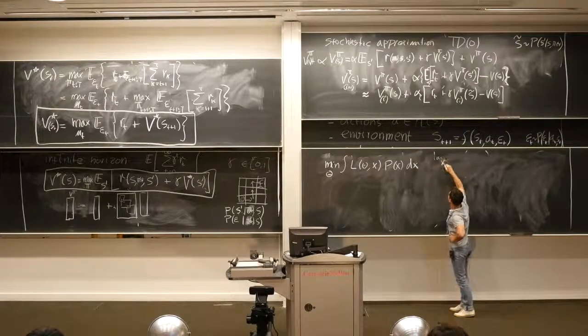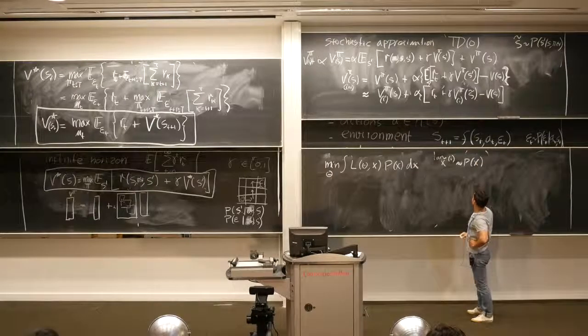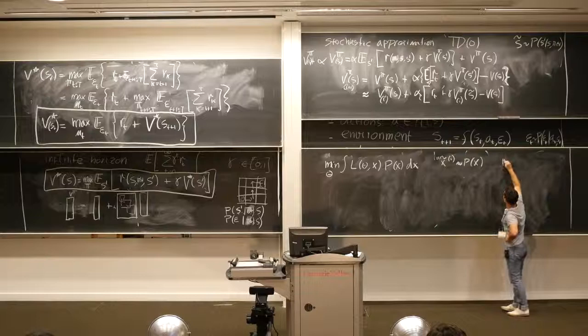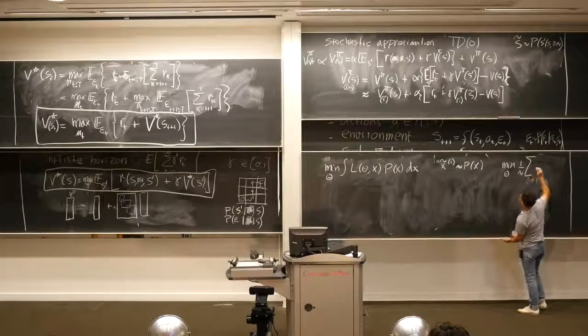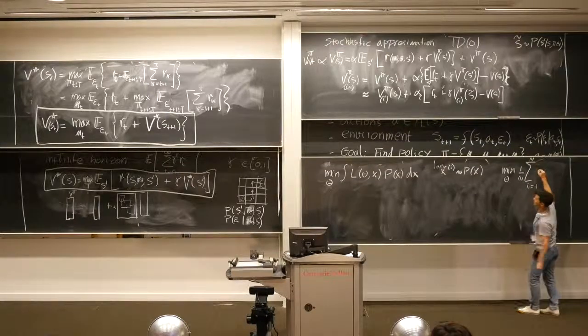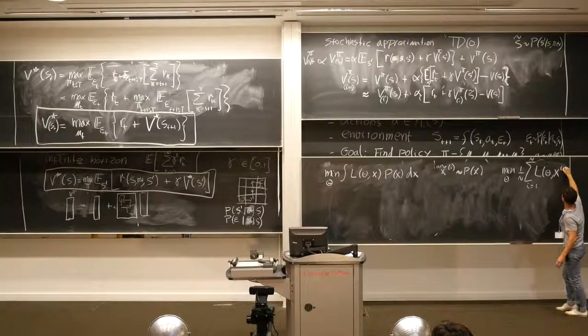So in particular, if you have data samples from the distribution of the data, then the problem takes the form: minimize over theta 1 over n, sum from i equals 1 to n, the loss function of theta with values xi.